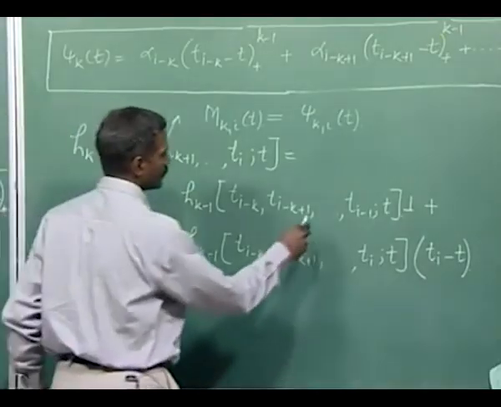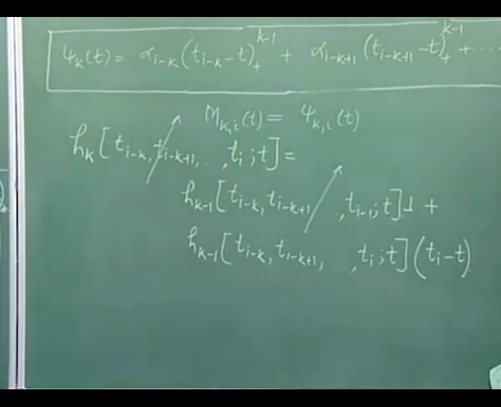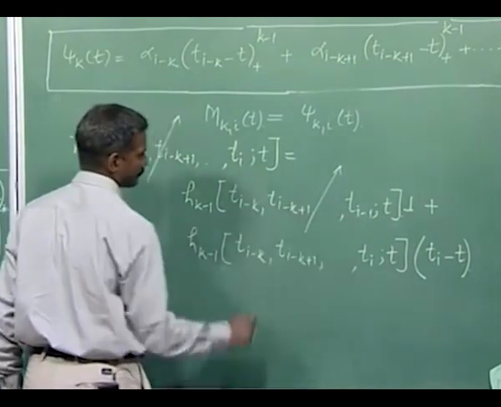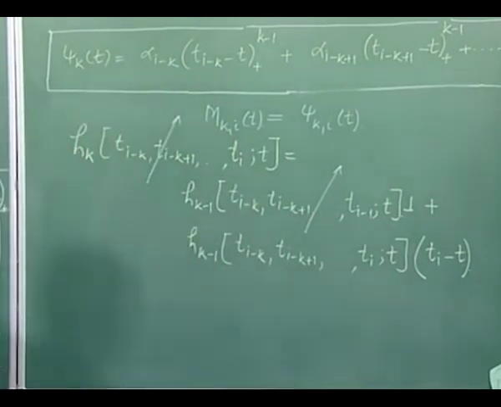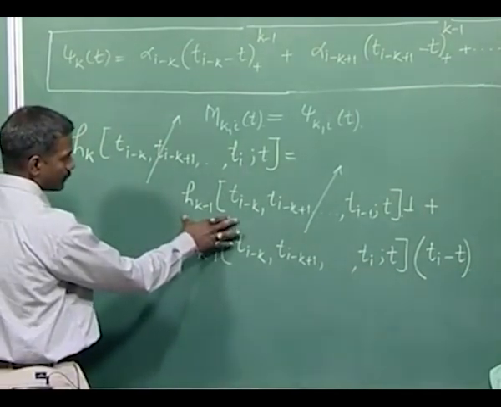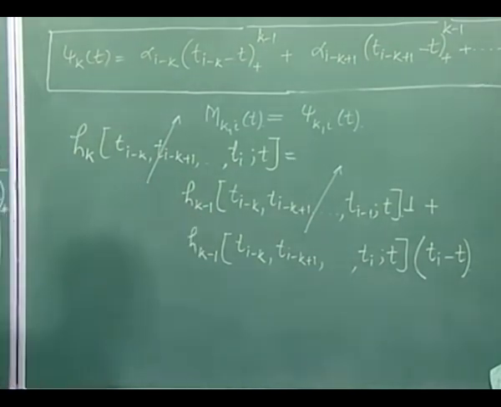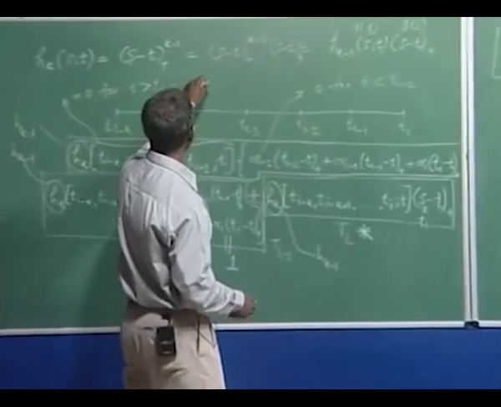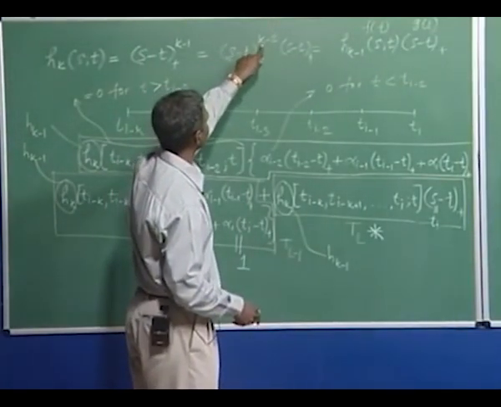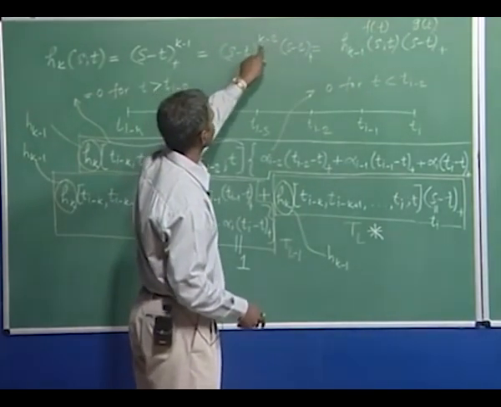What do you have to say about this? Look at these knots here. So this would correspond to the (k-1)th divided difference of h_{k-1}. What is h_{k-1}? h_{k-1} is (s - t) truncated to the power k minus 2. This is the truncated power function of order k minus 1.